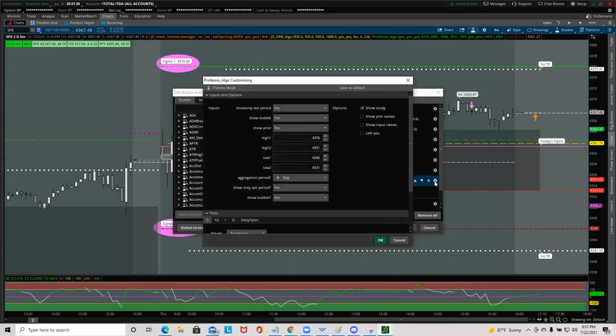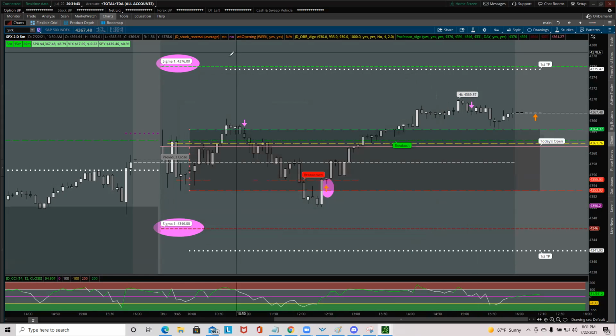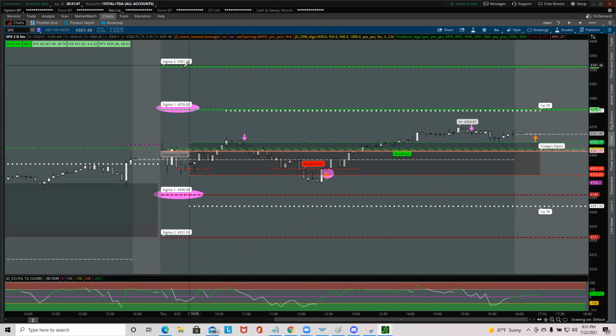So you click the gear and all you have to do is plug in the numbers that are given to you around 9:32, 9:33 a.m., not too long after the opening. And you can manually enter those numbers in there. And those numbers will plot these lines that are highlighted over here. If you can see, these are the other 2 lines, sigma 2, that are plotted right here.